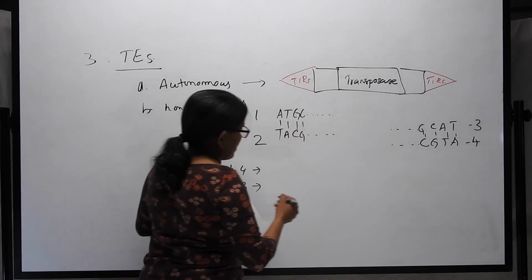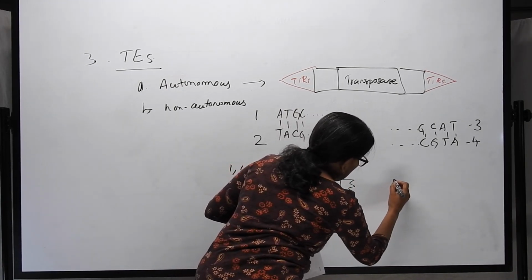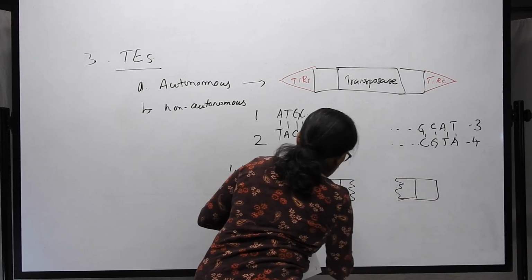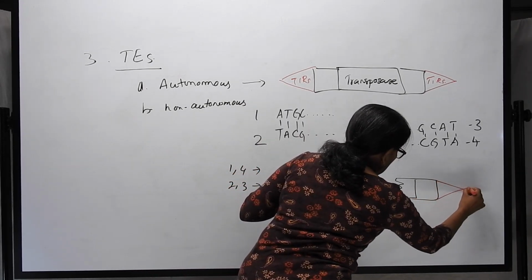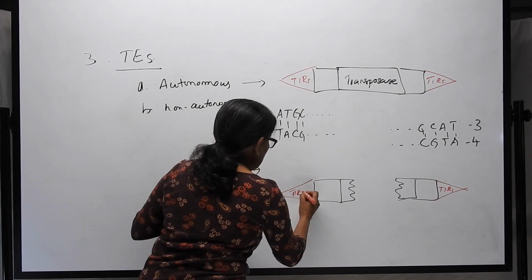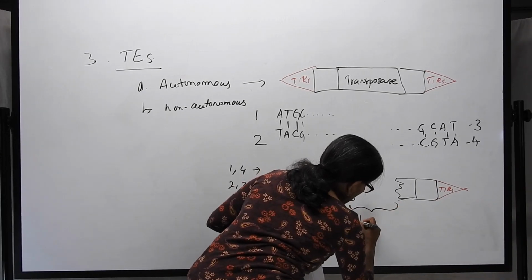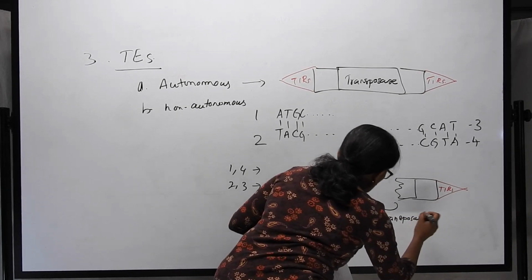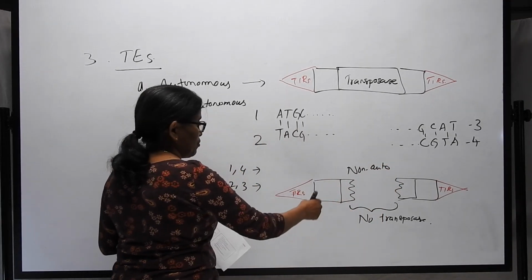The non-autonomous element will not have transposase, so it won't be able to move by itself.